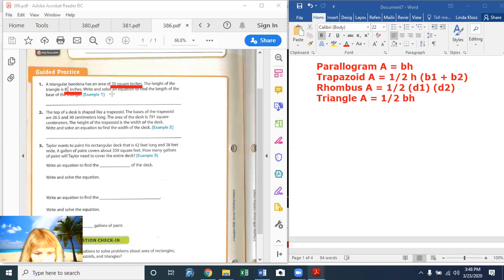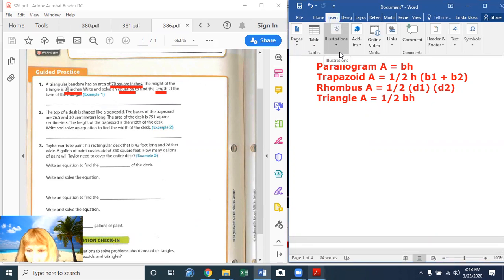Write and solve an equation to find the length of the base of the triangle. So with geometry, again, it's a good idea to get a picture. So we're going to draw a triangle, and I'm going to put that over here.